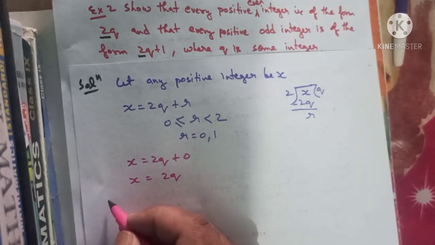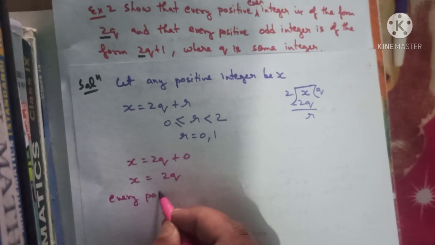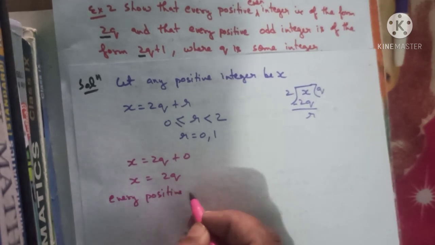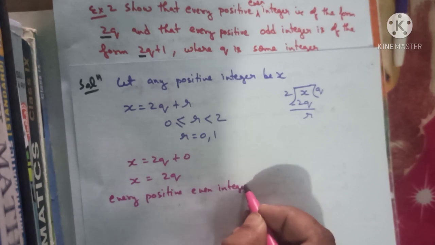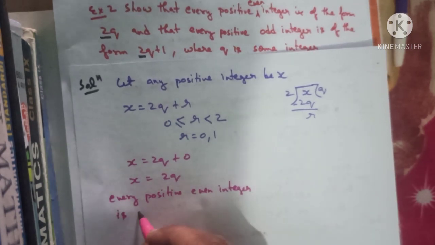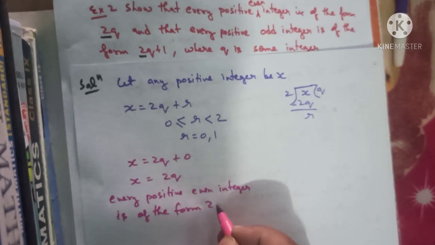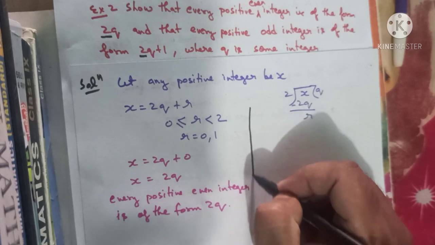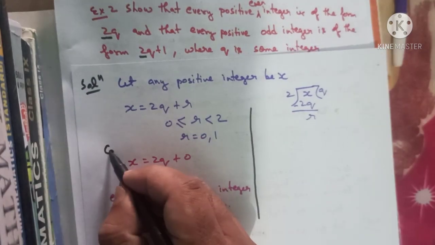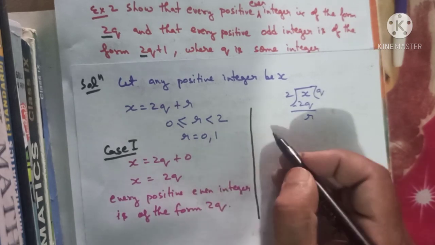So we can say that every positive even integer is of the form 2q. This is case 1. Only 2 cases are possible, with remainder 0 and remainder 1.